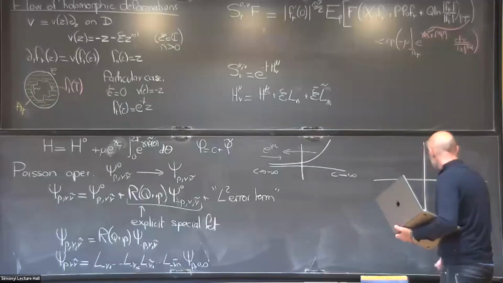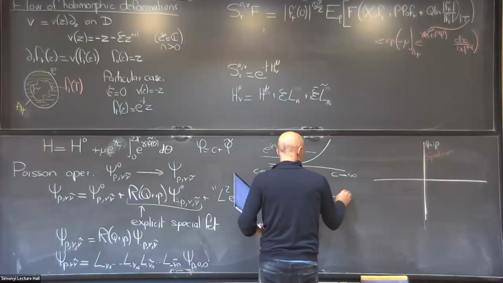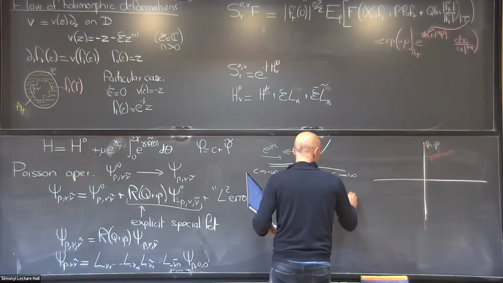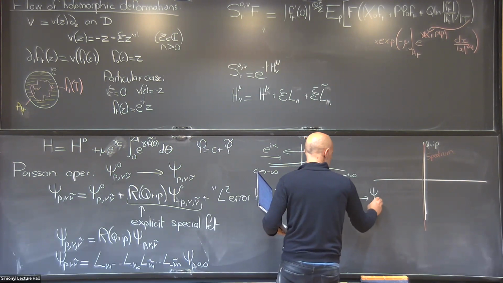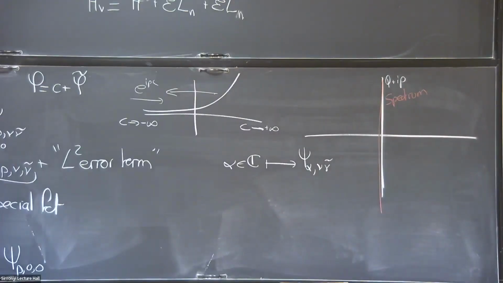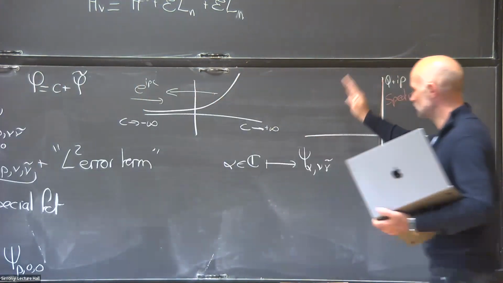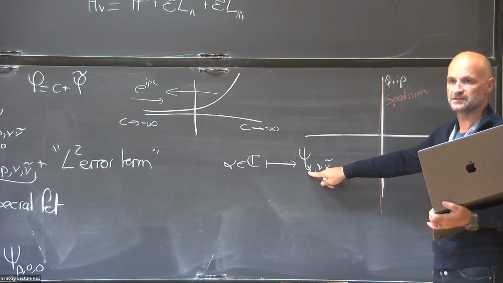The first thing we do is we prove that we can analytically continue these eigenstates to the whole complex plane. So these states on the spectrum have an analytic continuation to the whole complex weights.